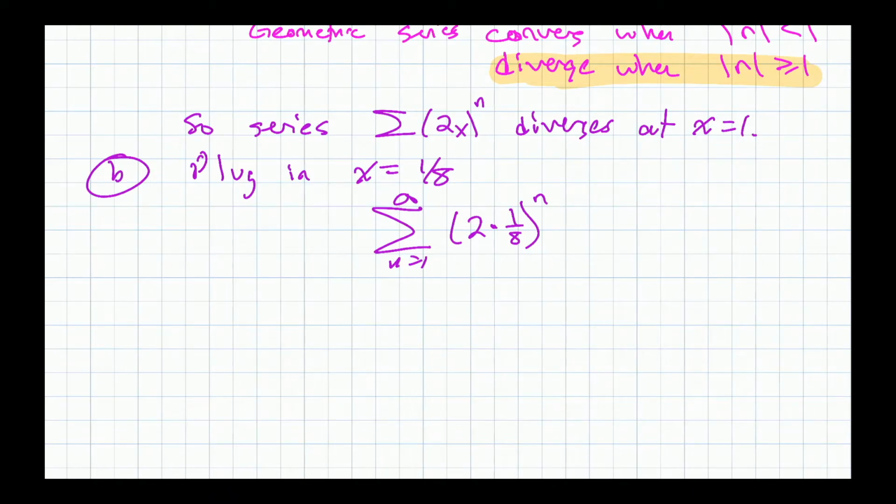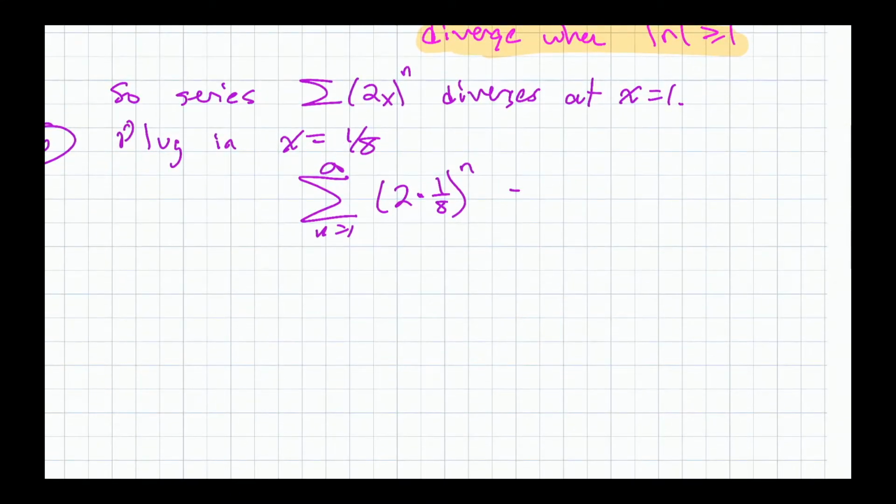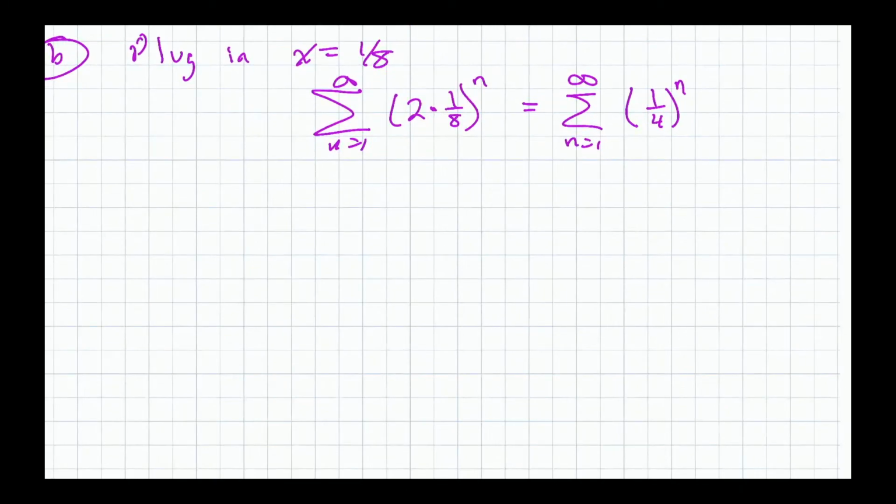We just plugged in x equals 1/8, and with a little bit of simplifying, that is going to be 1/4 to the n. So if you write out that series, it is 1/4 plus 1/4 squared plus 1/4 cubed plus and so on. That's also geometric.